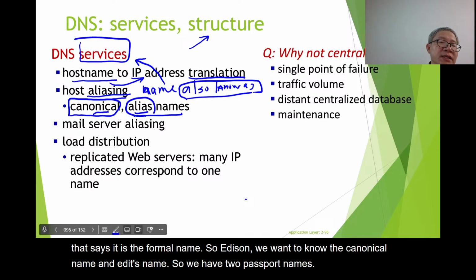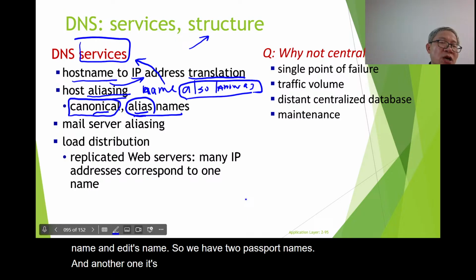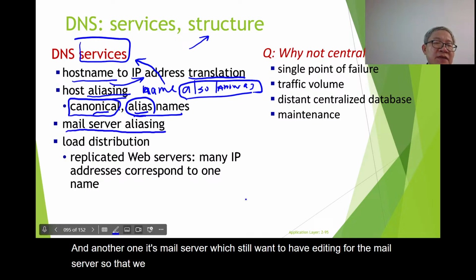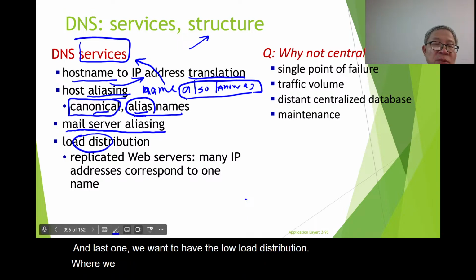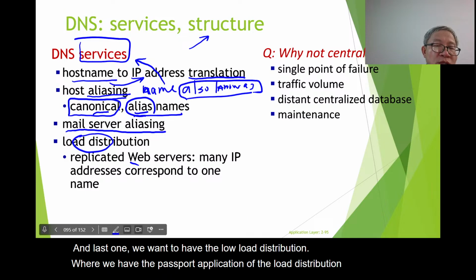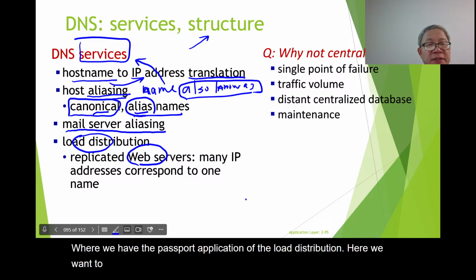And another one is mail server. We still want to have aliasing for the mail server, so we have the service we call mail server aliasing. And next one, we want to have load distribution, where we have the possible application of the load distribution. Here, we want to have web servers.